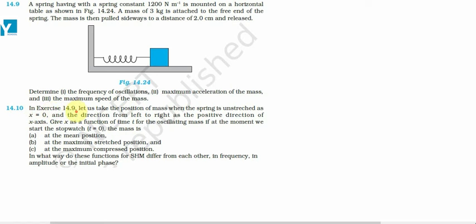Exercise 14.9. Let us take the position of mass when the spring is unstressed as x equal to 0 and the direction from left to right as the positive direction of x-axis.